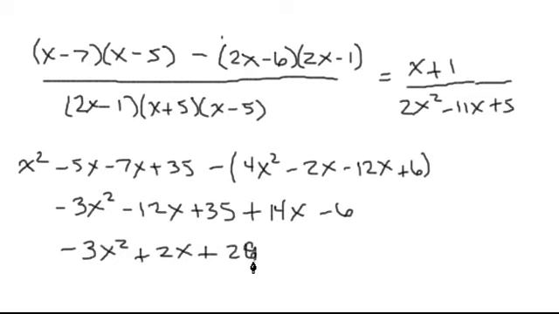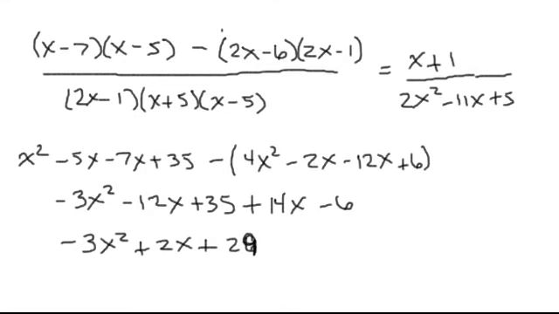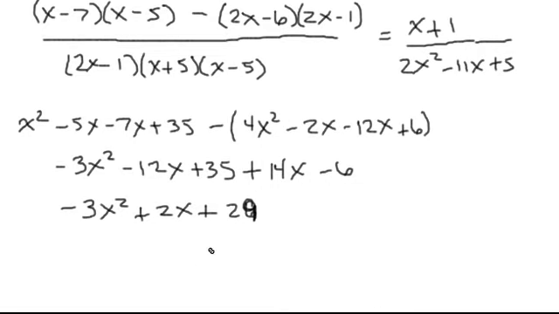Whoa, 29, not 26. We don't want to make any mistakes at this point. Alright, so that turns out to be the numerator. Hopefully, I didn't make any mistakes. And I think what I'm going to do here is erase some of this stuff.